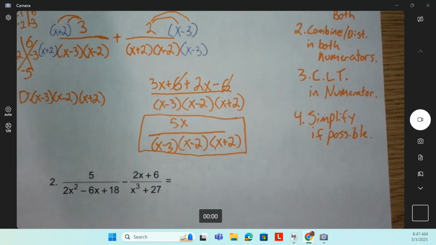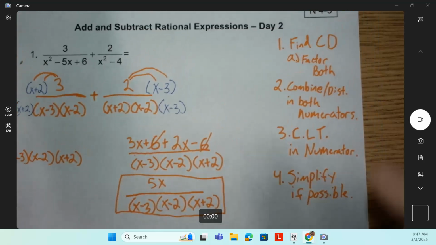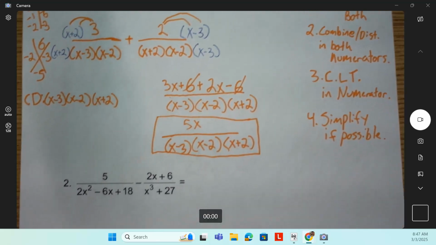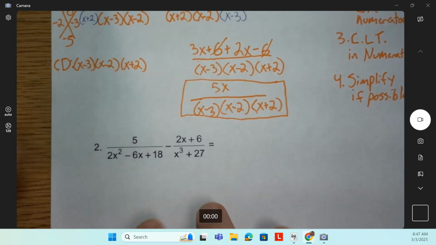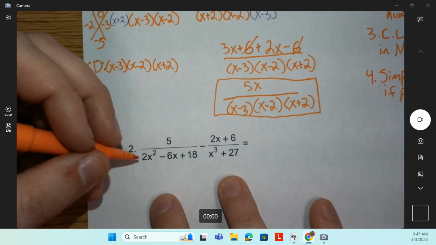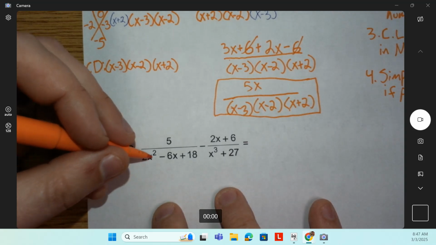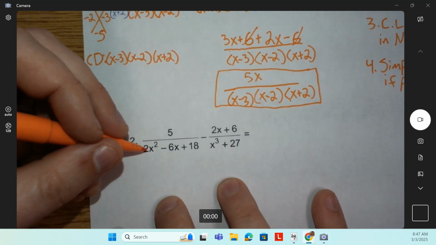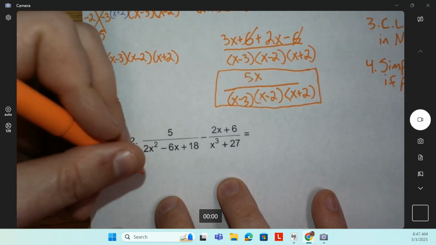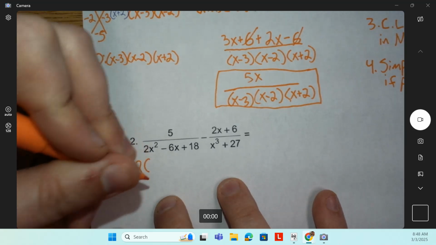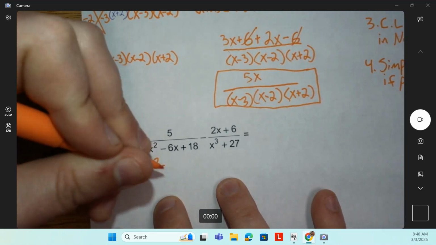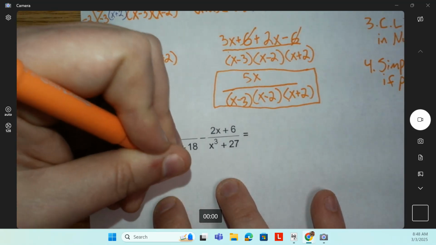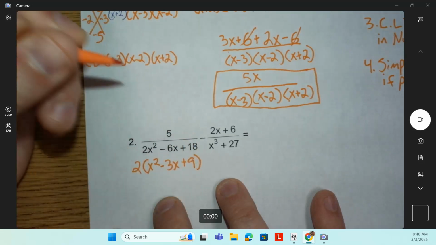Okay, looking at number 2, we're going to start out by finding a common denominator, which means I've got to completely factor both. I notice real quickly here that all of these would divide by 2. So if I pull out a 2, I get x squared minus 3x plus 9.